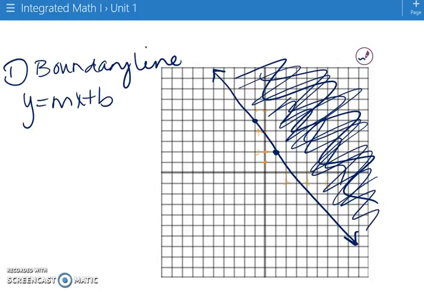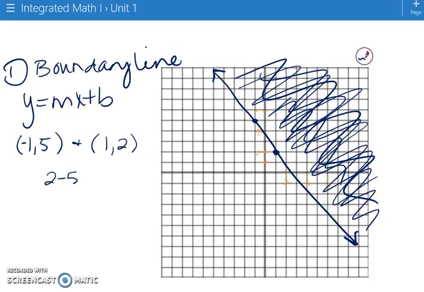Looking here, I can't really tell what my y-intercept is. All I know is I can easily read the point (-1, 5) and the point (1, 2). So I'm going to use those two points to find the slope.